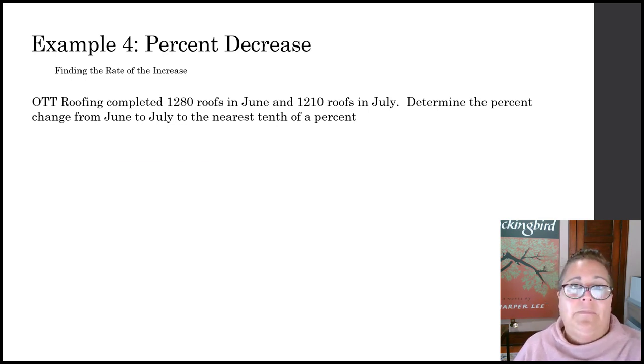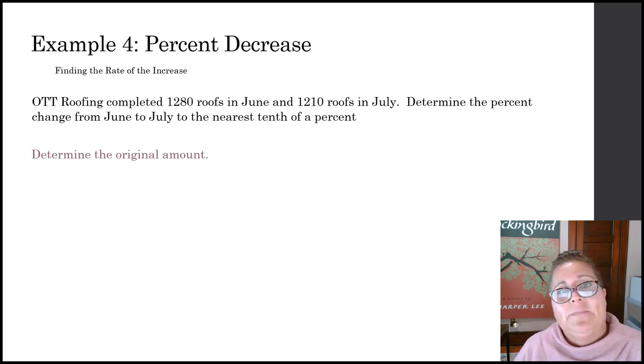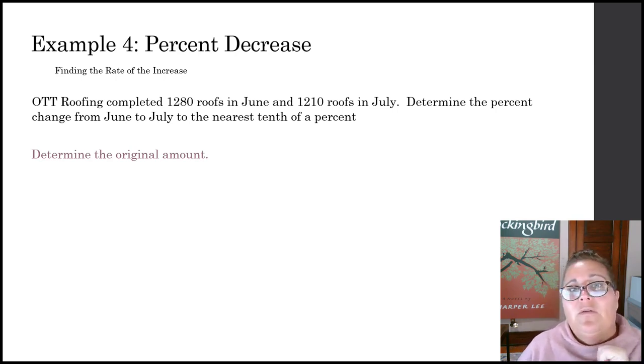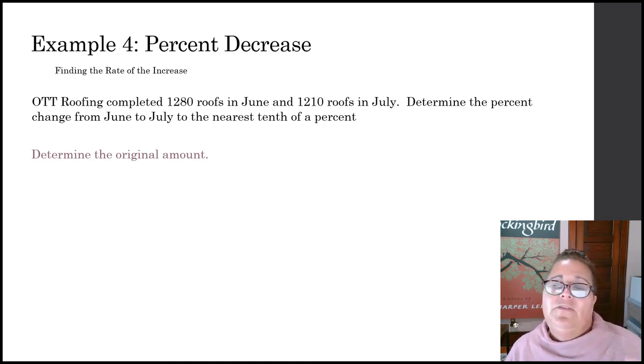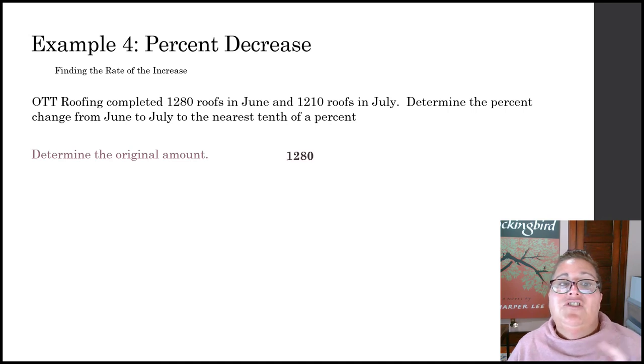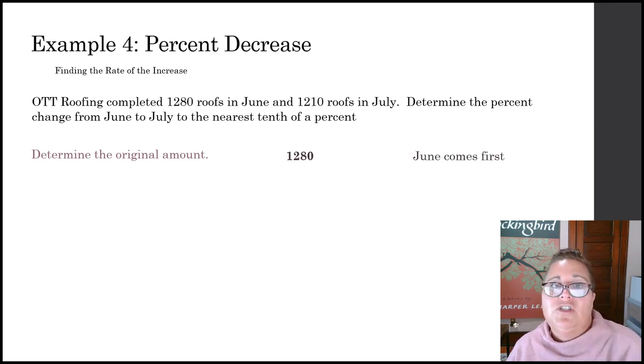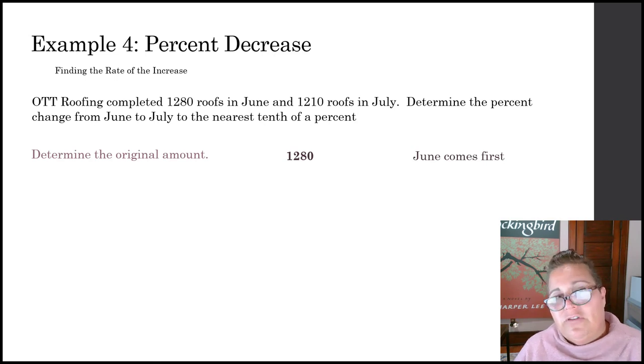Same basic steps. I'm going to make sure I'm clear on the original amount. Again, there are two amounts here, so the original amount would be the one that comes first, not necessarily in the word problem, but the one that comes first in a timeline. Since June comes before July, I'm going to use 1280 as my original.